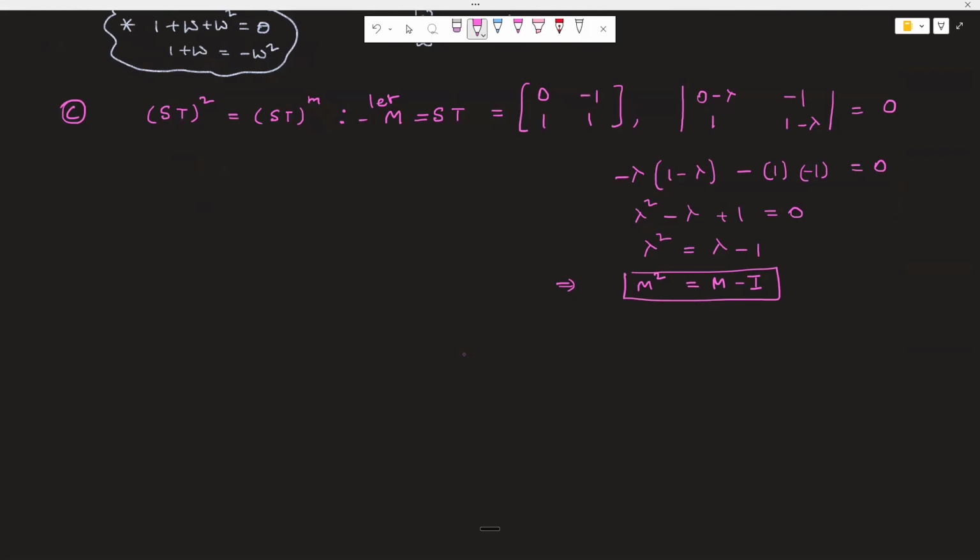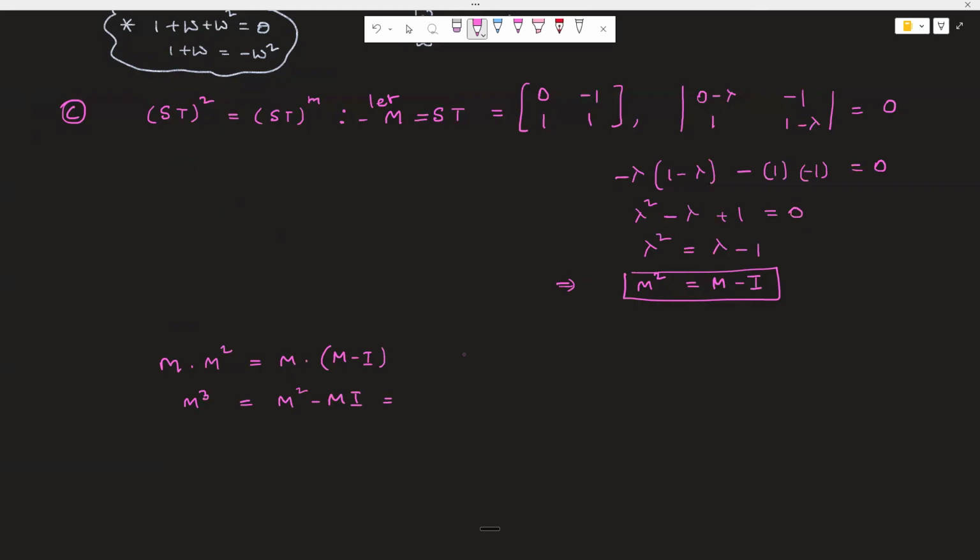By multiplying both sides with m. So m into m square is equal to m into m minus I. So this left side will be m cube, m into m square minus mi.